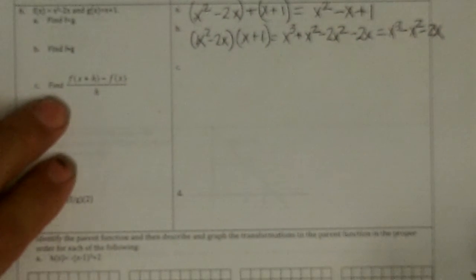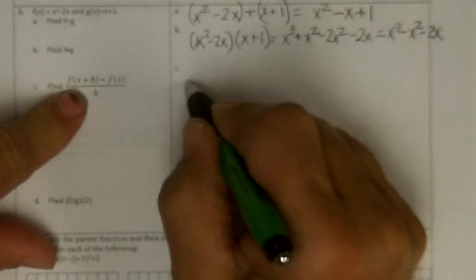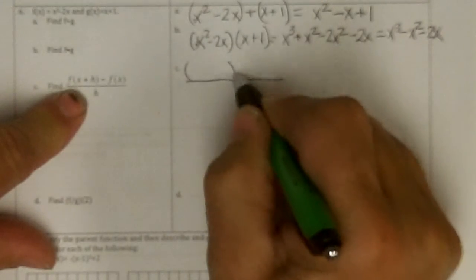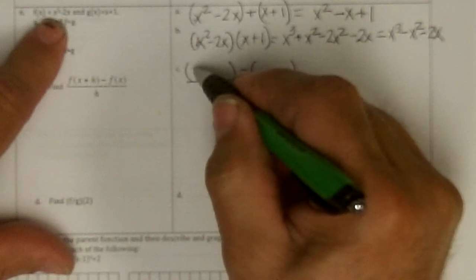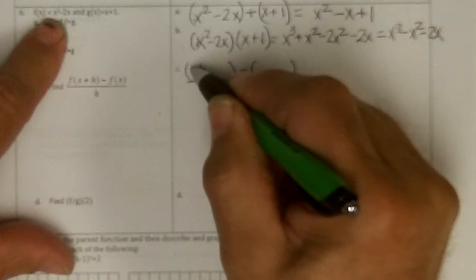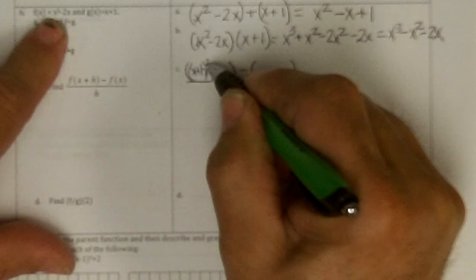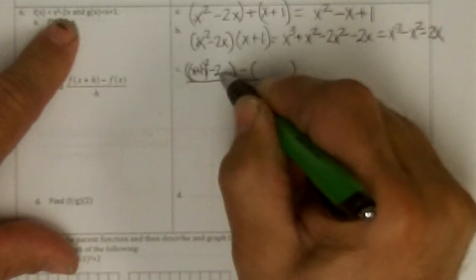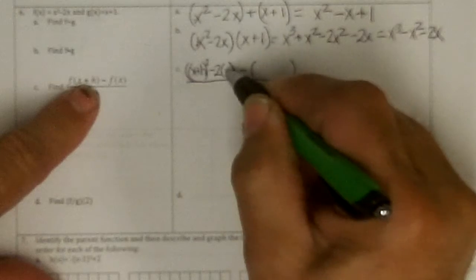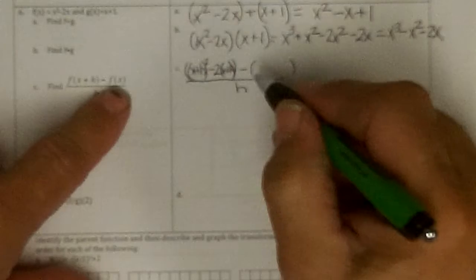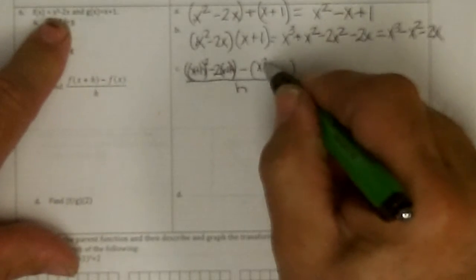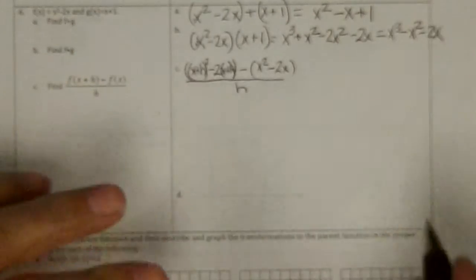The difference quotient for f. So we start that with x plus h in place of the x's. So I have x squared, so that's x plus h squared, minus 2 times x plus h, minus f of x, which is just x squared minus 2x.